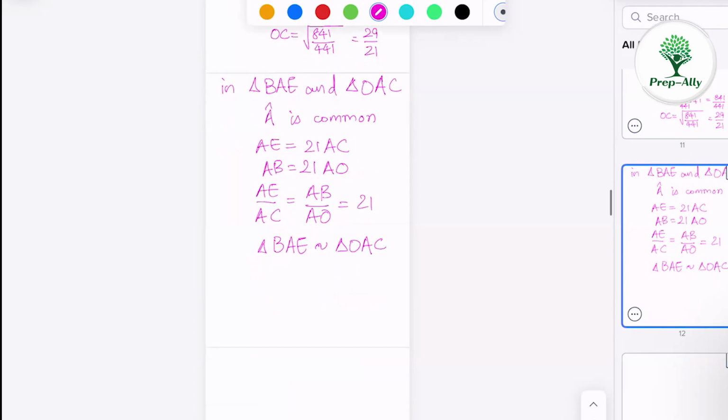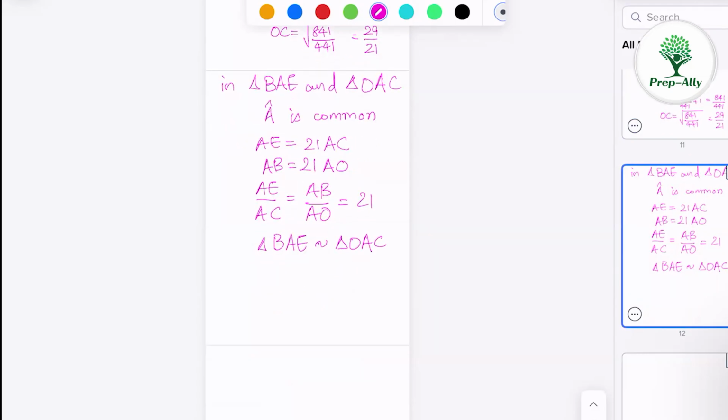Now from here, because these two are similar, we have AE by AC equal to AB by AO equal to BE by OC equal to 21.